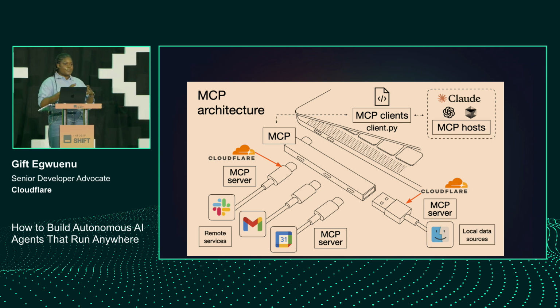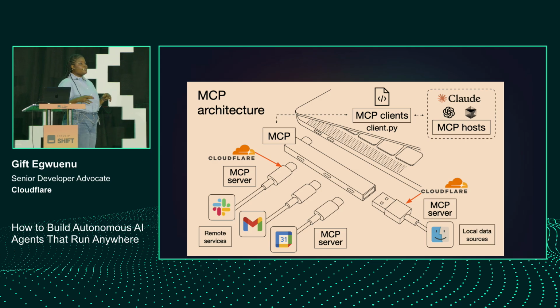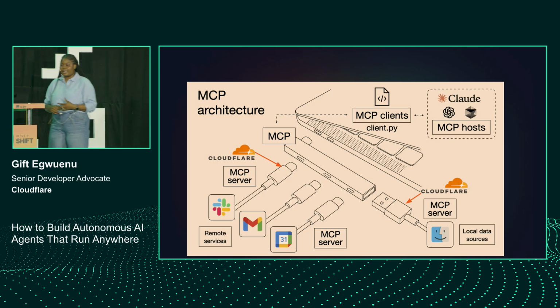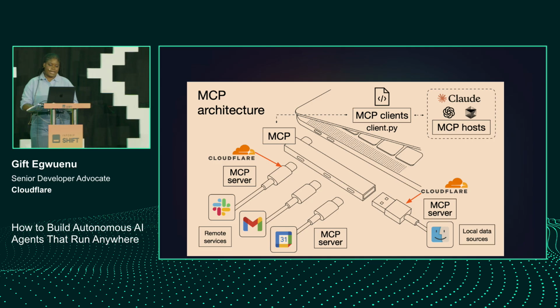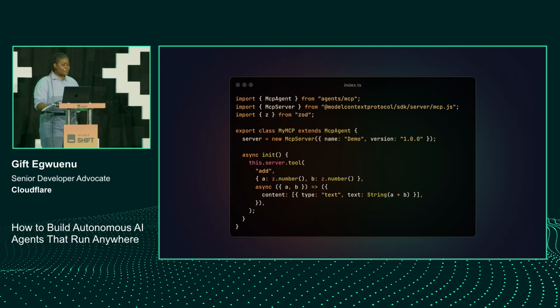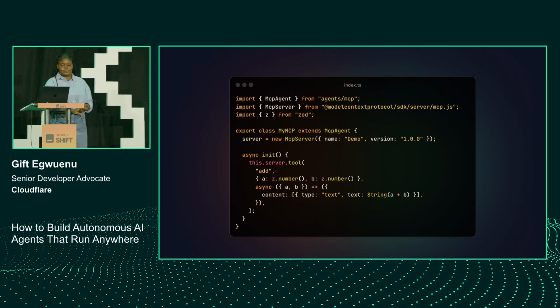So with an MCP server, you connect to different external tools. You can even use local files within your computer as an MCP server as well. So these core concepts, the MCP server and MCP hosts, are very important as we move ahead in this talk.